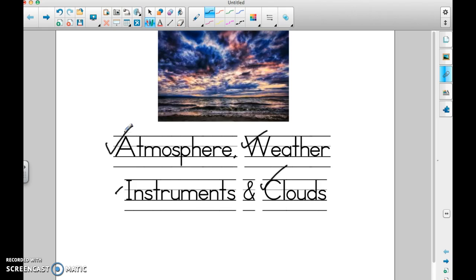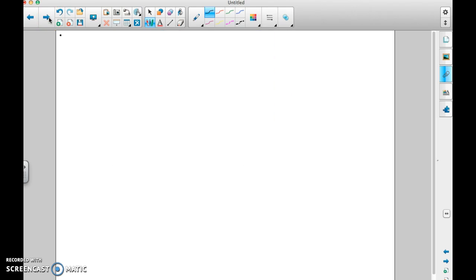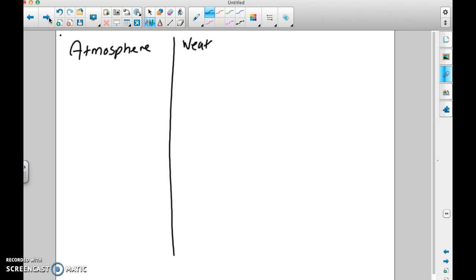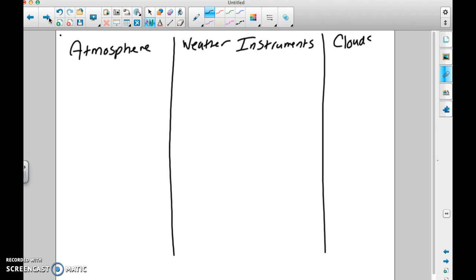Before you do anything else, I would get out a blank sheet of paper and I would start focusing on atmosphere, weather instruments, and finally, clouds. I wouldn't even start looking at the test until I have done this.